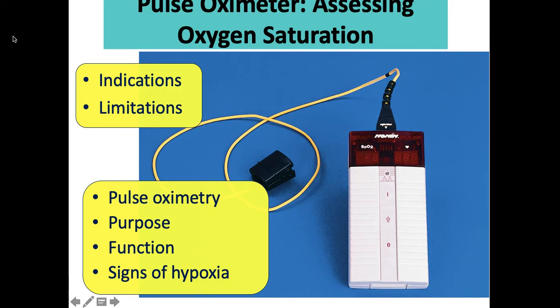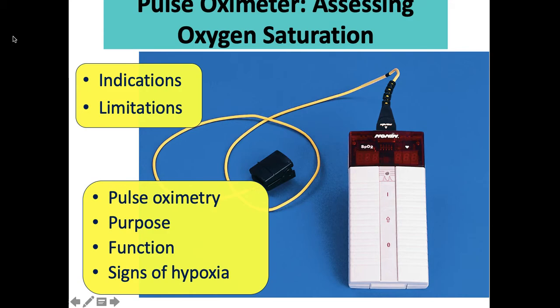It can be skewed by cold, if their extremities are really cold, if they have fingernail polish on, if they have poor perfusion due to shock, because it relies on the tip of the finger, which is probably going to be pretty low on oxygen or flow of blood if they are in shock, it probably is not going to get a very good reading. So they're not super accurate, and they're not going to be able to tell you what's really going on, essentially.